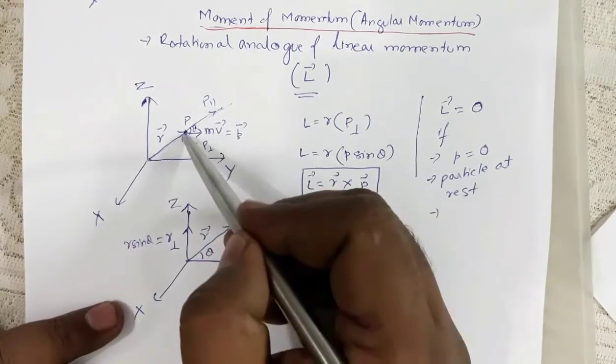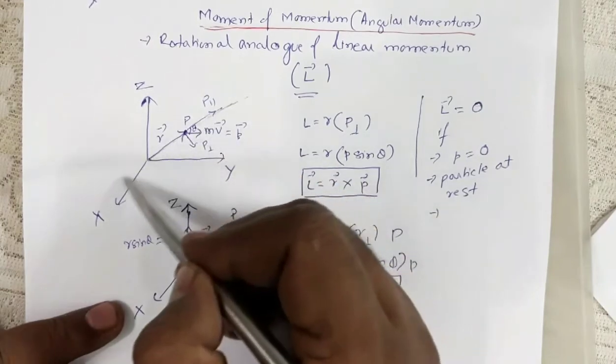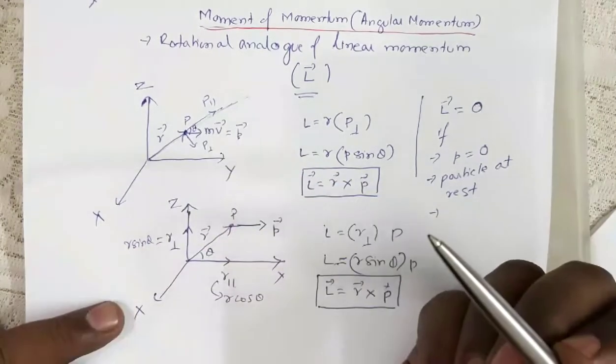Momentum of the particle is along this line, or along this line. In that case, theta will be 0.